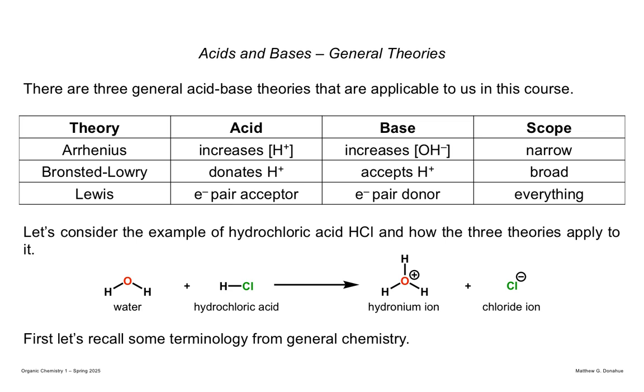So the three theories, the first one that you learn, primarily is the Arrhenius. And that deals with the acid as increasing proton concentration and a base as increasing hydroxide concentration. The scope of that definition is pretty narrow.